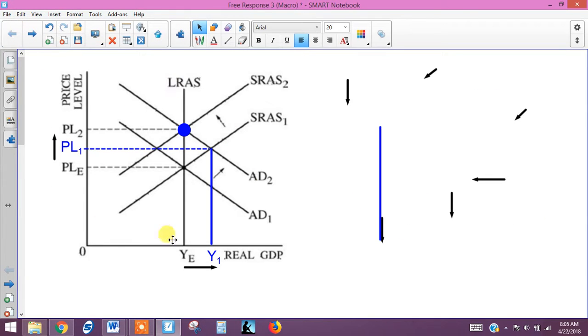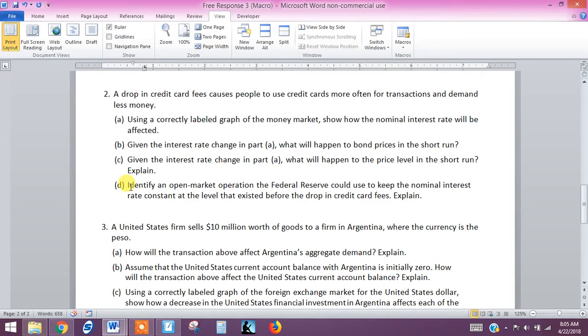You do not have to draw this again. You just have to explain that the aggregate demand shifts to the right, which pushes price levels up. Okay? So that's going to take care of question C.